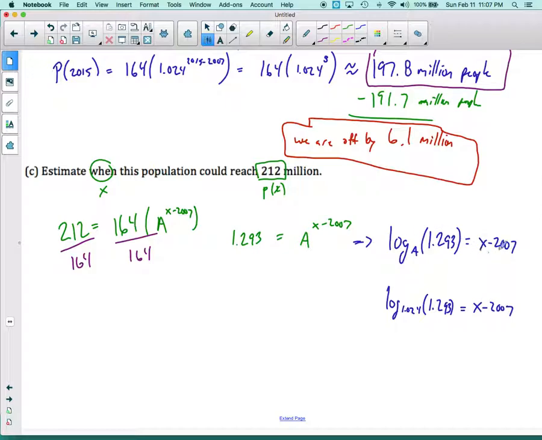Of course, to solve this equation for x, we want to add 2007 to both sides. That gives me x equals log base a of 1.293 plus 2007.